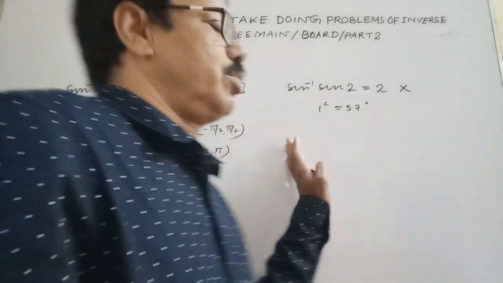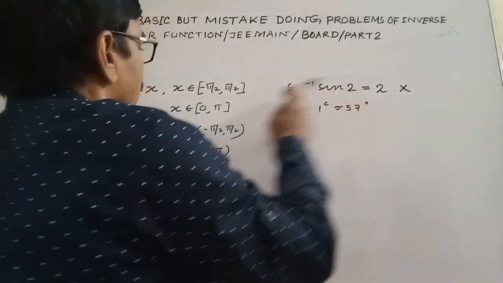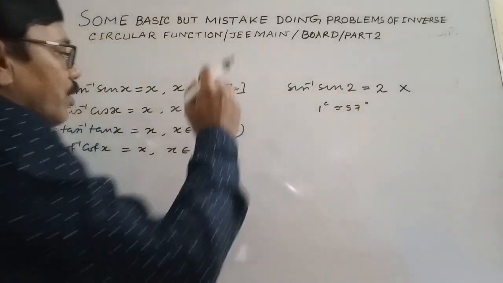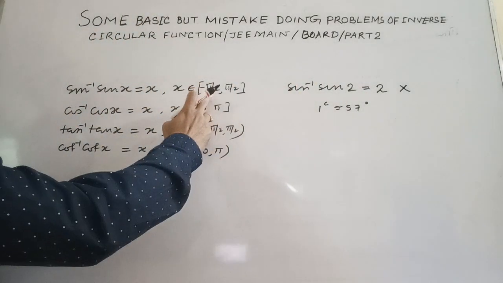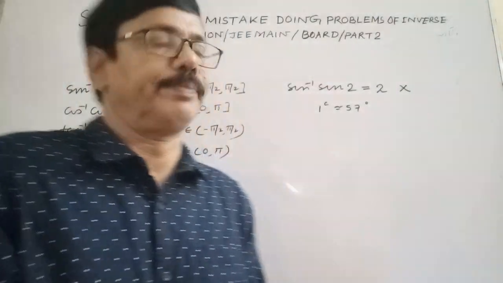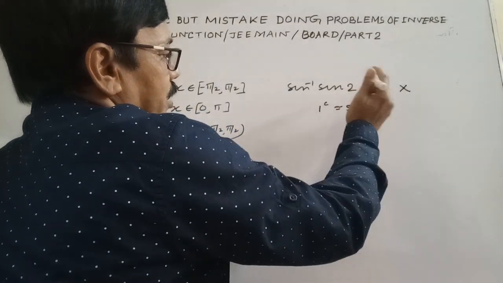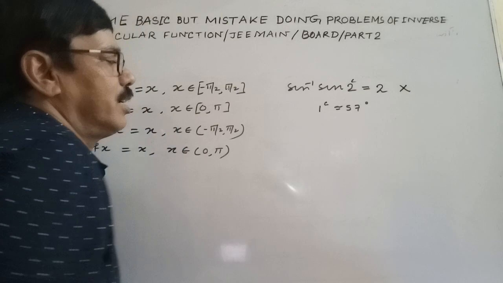Now you have to write this argument into the restriction, this principal value, minus pi by 2 to plus pi by 2. Look again, this is 2 radians, if it is not given as degrees.